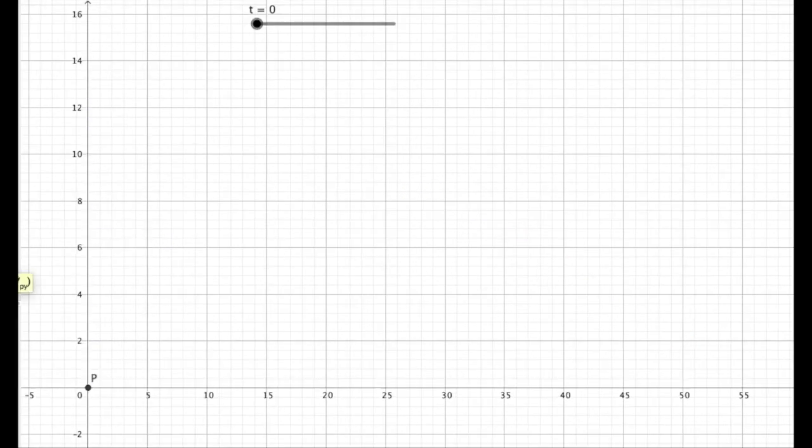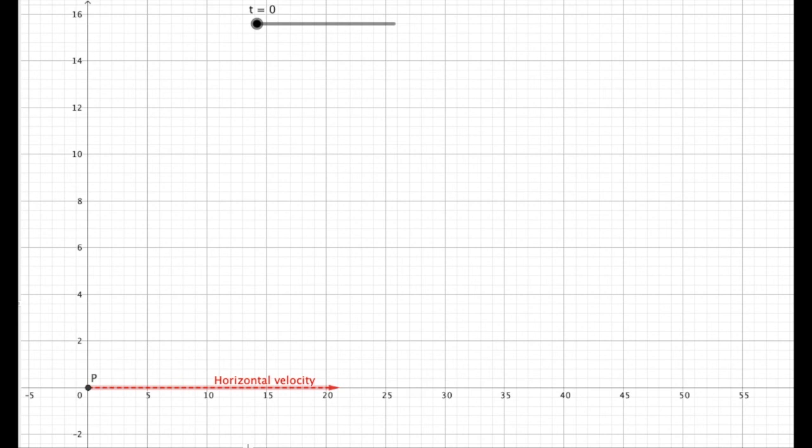We're now going to have a look at the situation in terms of the horizontal and vertical velocities. For the horizontal velocity, that will be a fixed value because, as it says in the solution to the question, there's no acceleration in that direction, and the length of that vector represents the size of the velocity.